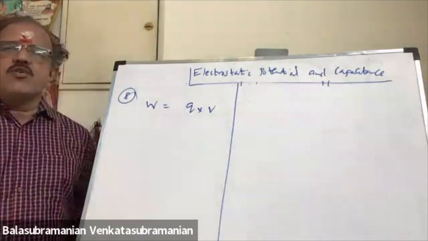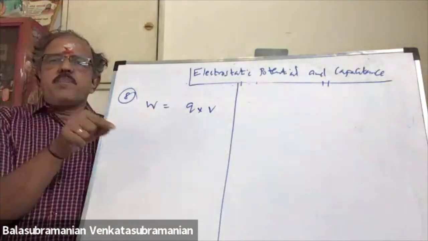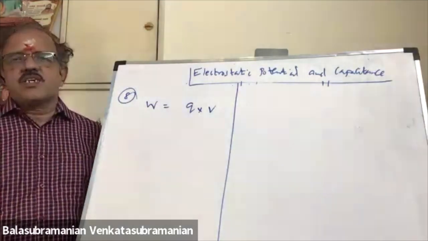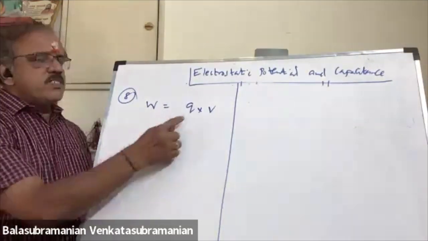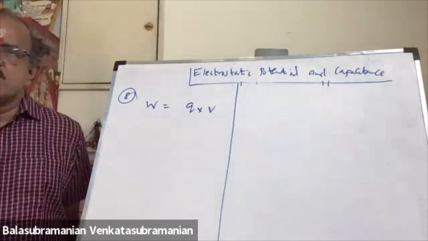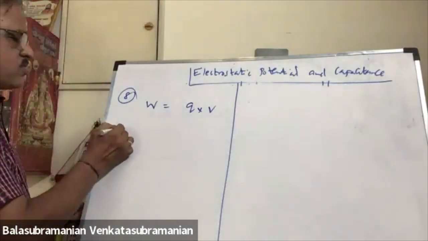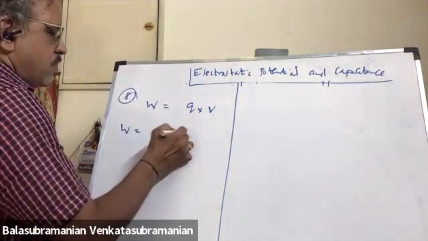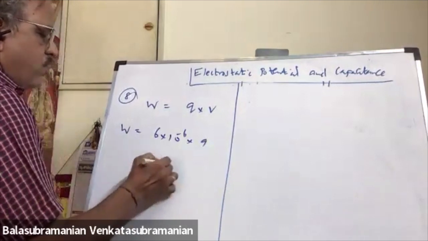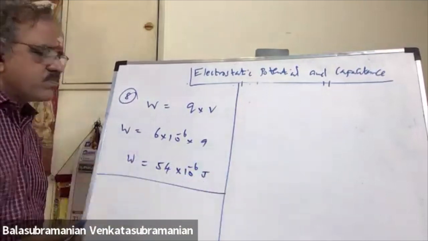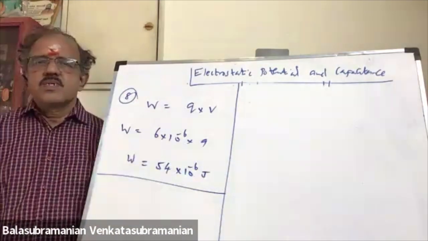Electric potential is defined as the work done in moving a unit charge from infinity to any point inside the electric field. Here we are not moving a unit charge, we are moving Q charge, so multiply by Q. That is the work done. So W is equal to, what is the charge given? 6 microcoulomb, 9 volts, 54 into 10 power minus 6 joules. Straight problem. Correct?